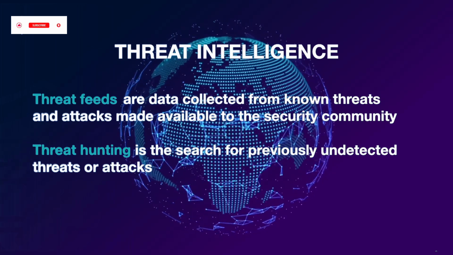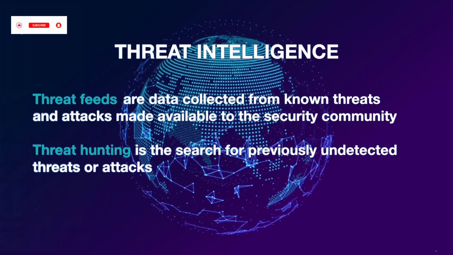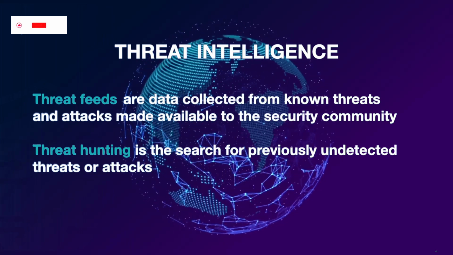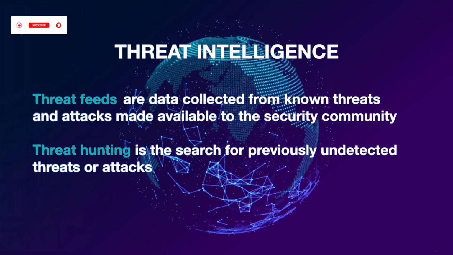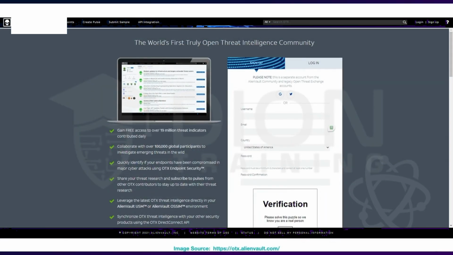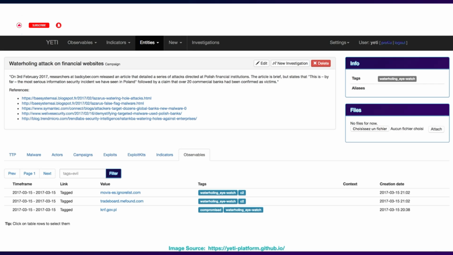And places like AlienVault are really helpful in this regard. You can also have a tool like Yeti that can ingest all of this threat feed and then start to break things out so that you can consume them and start identifying current threats and then start your threat hunting process.